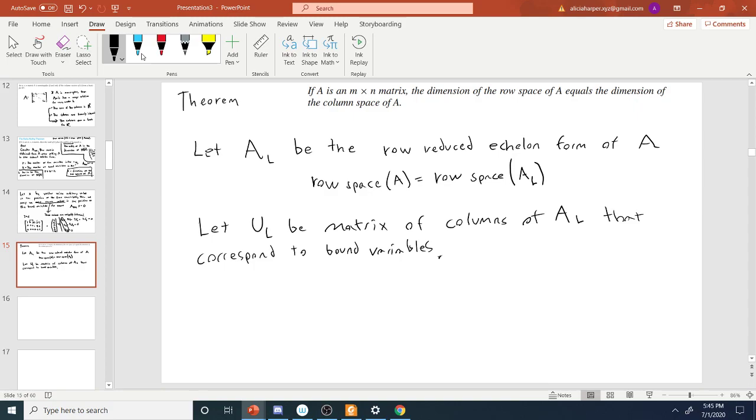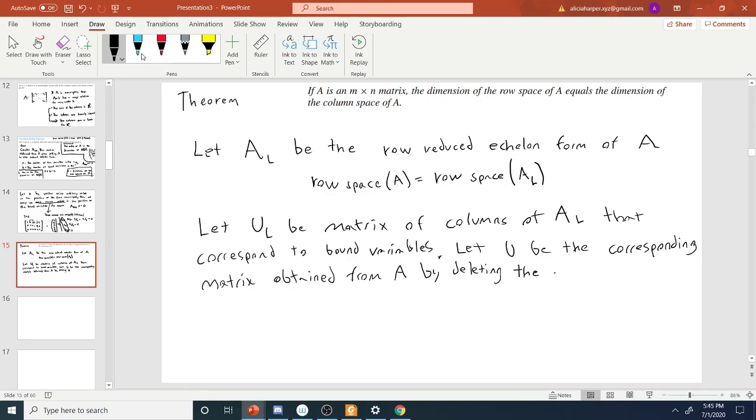So we can also let U be the corresponding matrix obtained from A by deleting the same columns removed to obtain U_L.